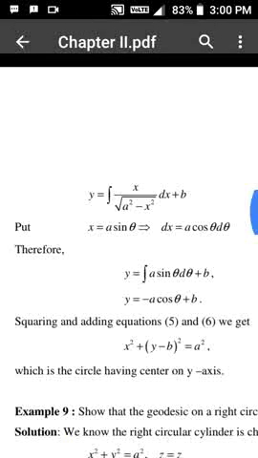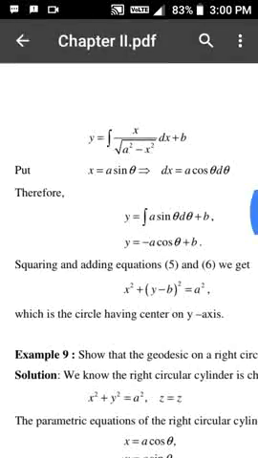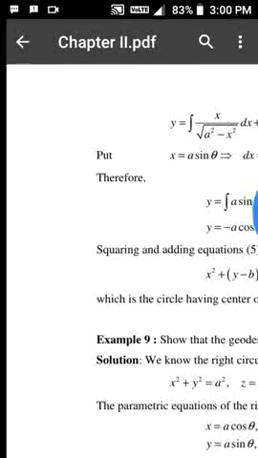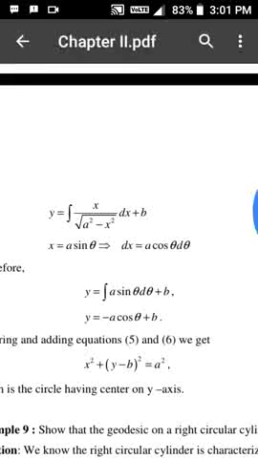Therefore, y is equal to the integral of a sin theta d theta plus a constant of integration b, and integration of sin theta is equal to minus cos theta. Therefore, y is equal to minus a cos theta plus b, and the equation x is equal to a sin theta.